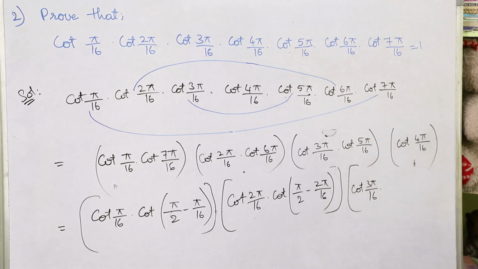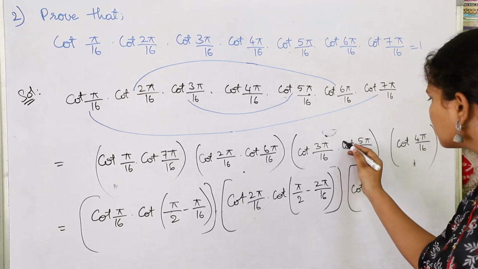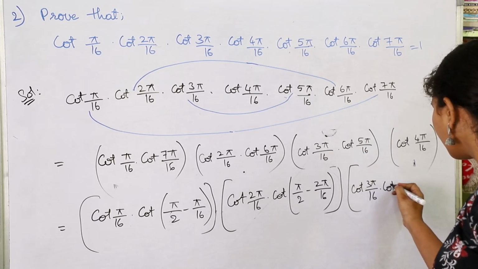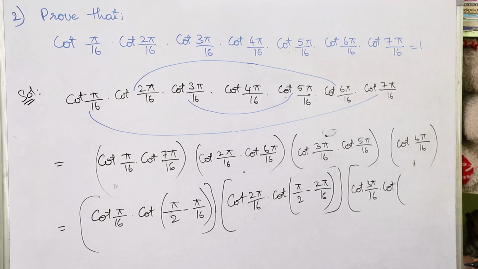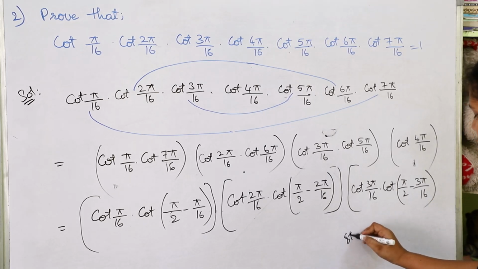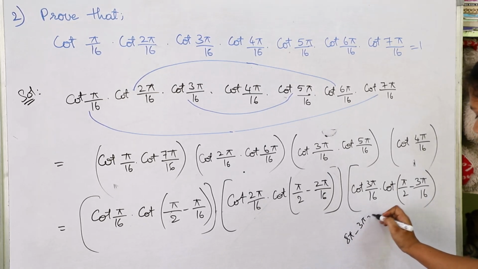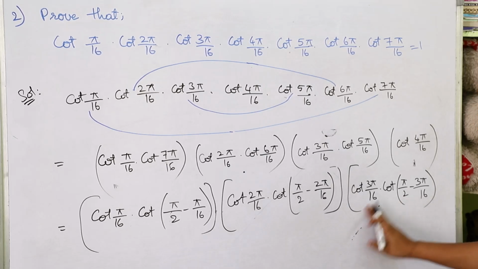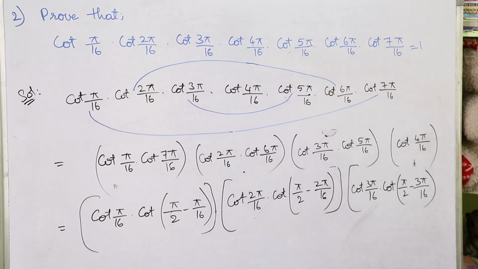So cot 5 pi by 16 can be written as cot of pi by 2 minus 3 pi by 16. This becomes 8 pi minus 3 pi, which is 8 minus 3, 5 pi. So that's what I have written: pi by 2 minus 3 pi by 16.